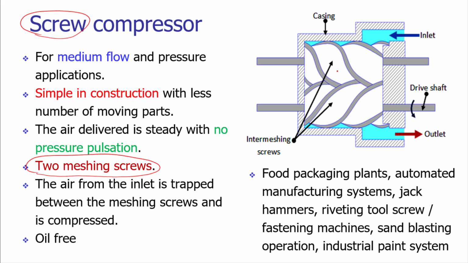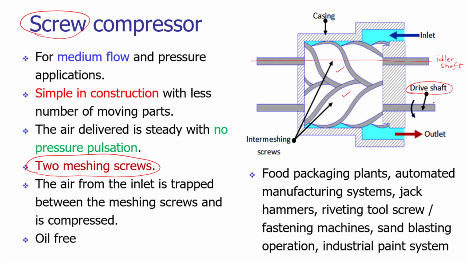These are the two intermeshing screws, and one screw is on an idler shaft, and the other screw is on the drive shaft.